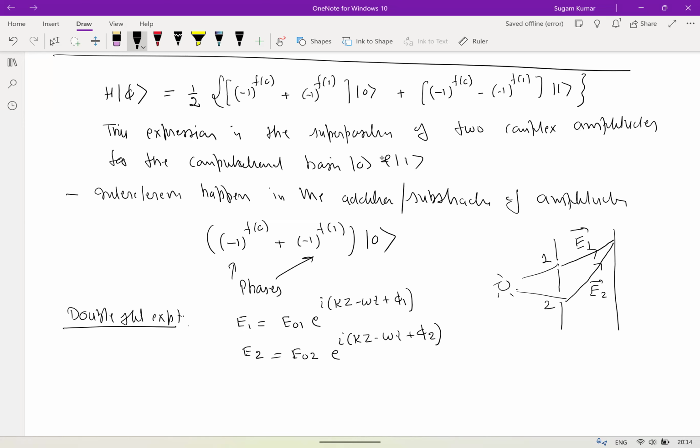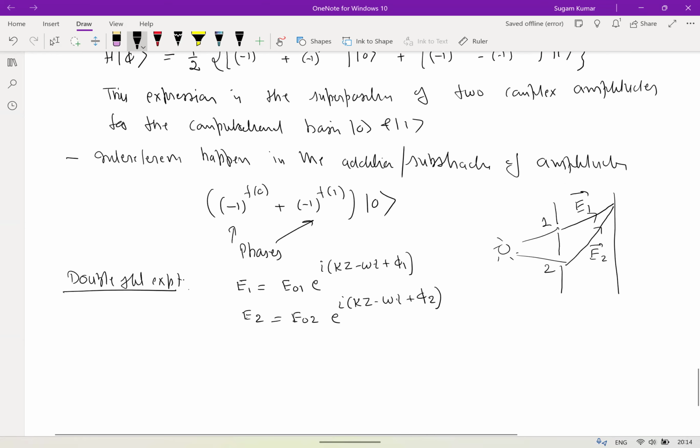I hope this is clear now to everybody. I hope you might have already done this double slit experiment and mathematics. I'm just repeating to make sure that you understand what is happening here. Let us say this is along some direction. And now when you add these two waves, E1 and E2, how are they going to add up?